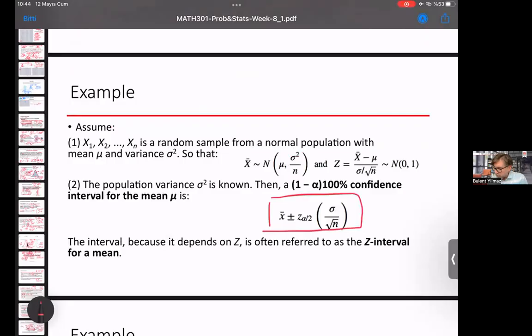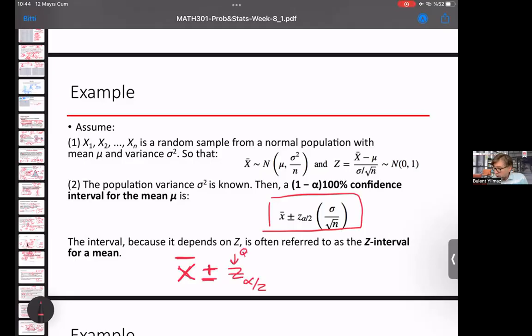Okay, let me write it like that. I will find a sample mean, and my confidence interval will be x bar plus and minus z alpha over 2, which is something that I will choose, or the question will tell you.